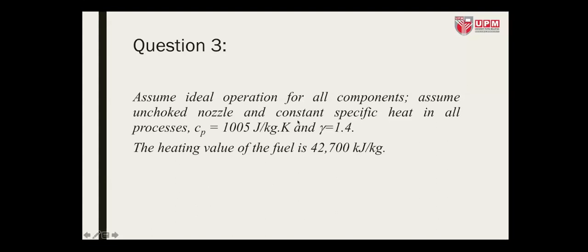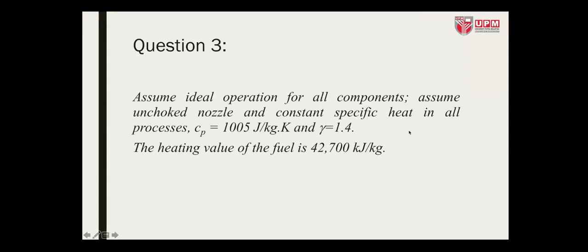Given the constant specific heat in all processes, the specific heat for air is given here, Cp 1005 joule per kilogram Kelvin, and the specific heat ratio gamma equal to 1.4. There are cases where gamma is given as a different value.